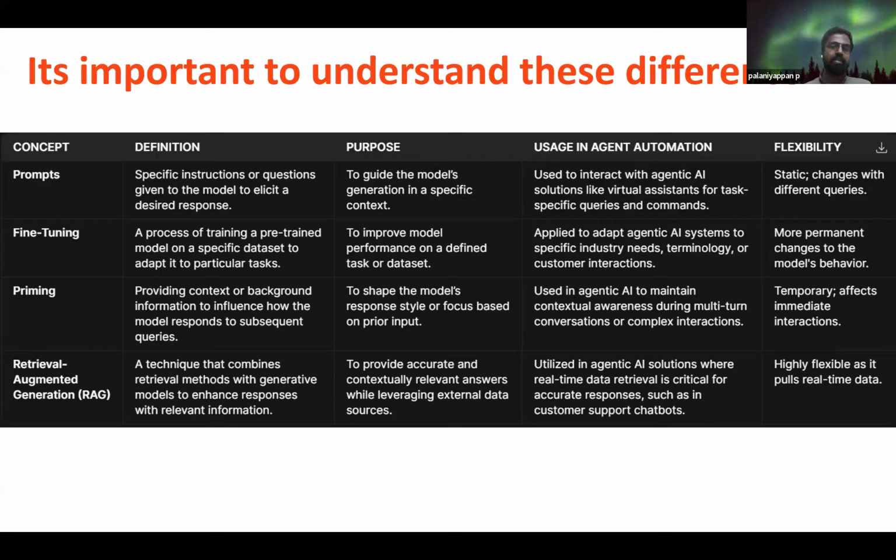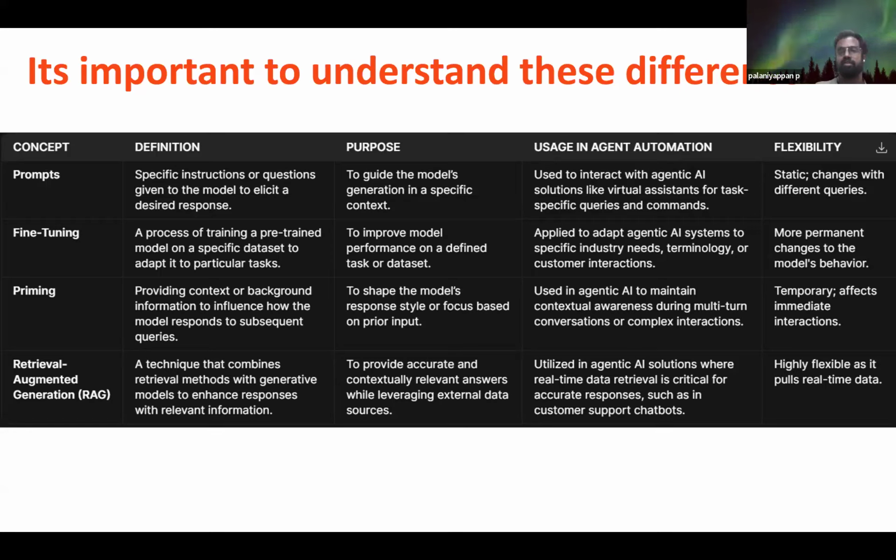And when it comes to fine-tuning, let's say ChatGPT or Anthropic Claude or DeepSeek or Grok, any LLM models, those are pre-trained LLM models. They are not fine-tuned LLM models. So you need to understand the difference between pre-trained and fine-tuned. Pre-trained models are trained with a large corpus of data existing on the internet, like books or Wikipedia.